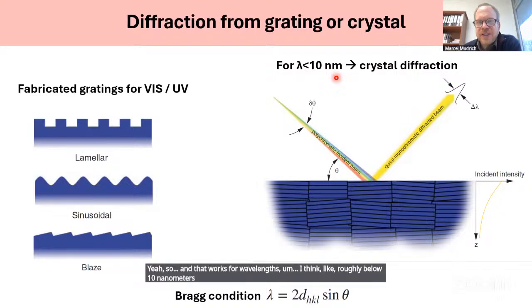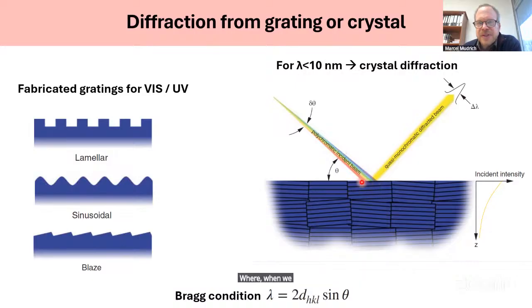Yeah, and that works for wavelengths roughly below 10 nanometers. There we can find suitable crystal materials where, when we irradiate the crystal surface with a polychromatic X-ray beam, we would get reflection, so basically constructive interference according to Bragg's condition into one specific direction at one specific angle.